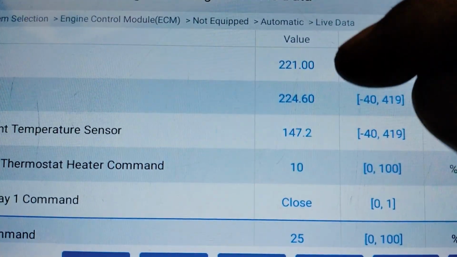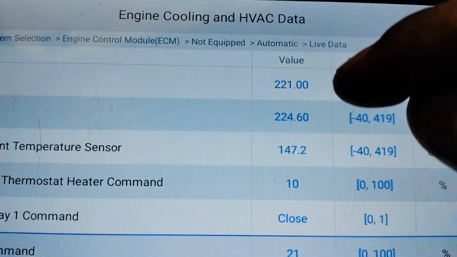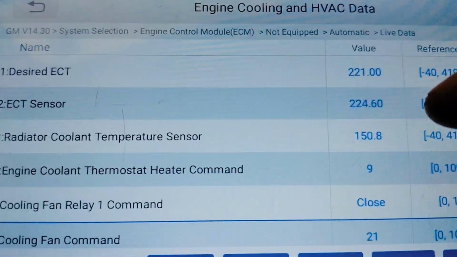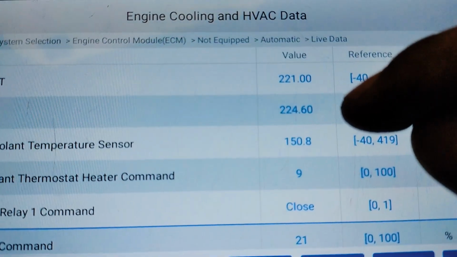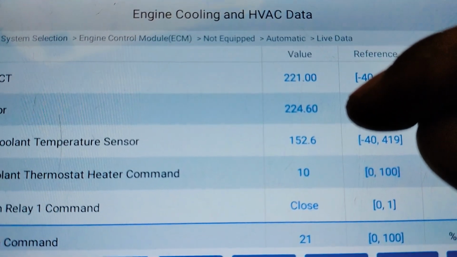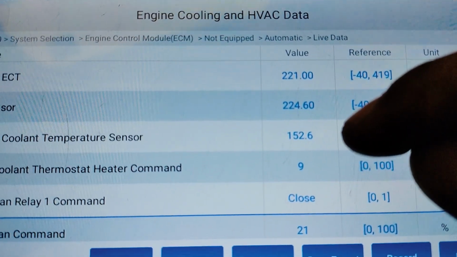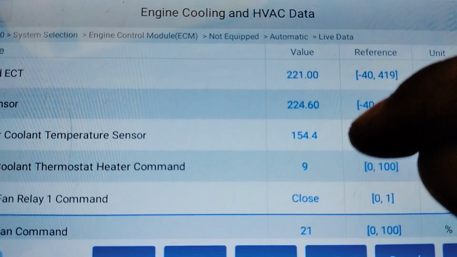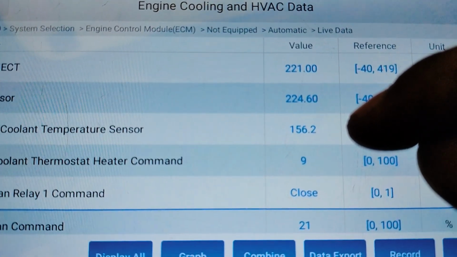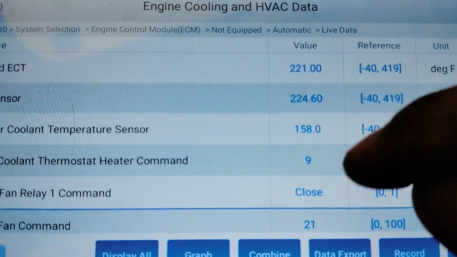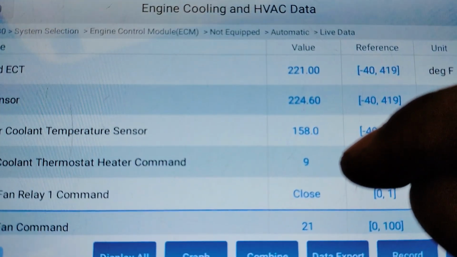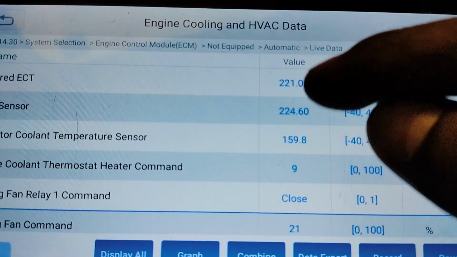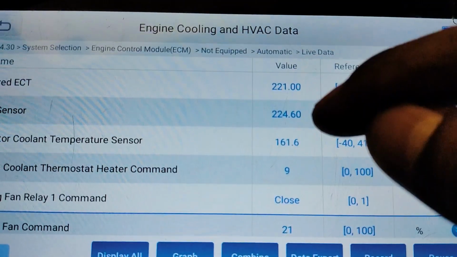That's what those numbers are. The first one is what the PCM wants the vehicle to be at all times. What the temperature right now is on the engine coolant temperature is 224.6. This is the temperature by the bleeder, by the drain plug at the radiator, and this is the percentage that the thermostat has been commanded to open according to these two parameters, the 221 and 224.